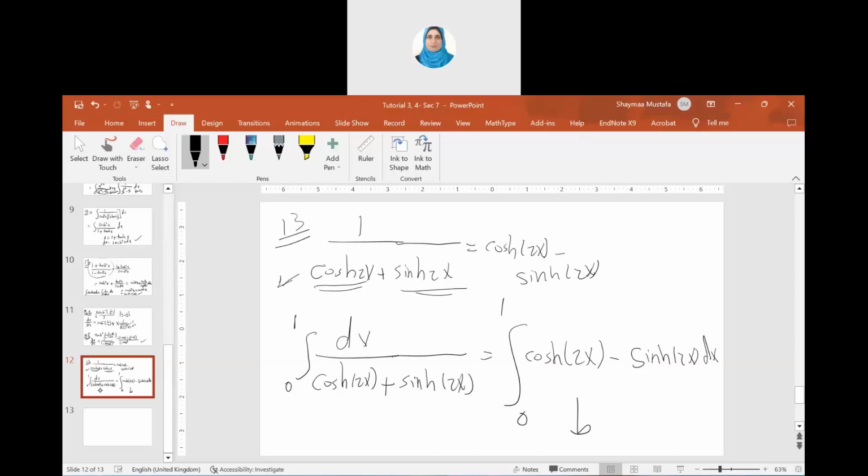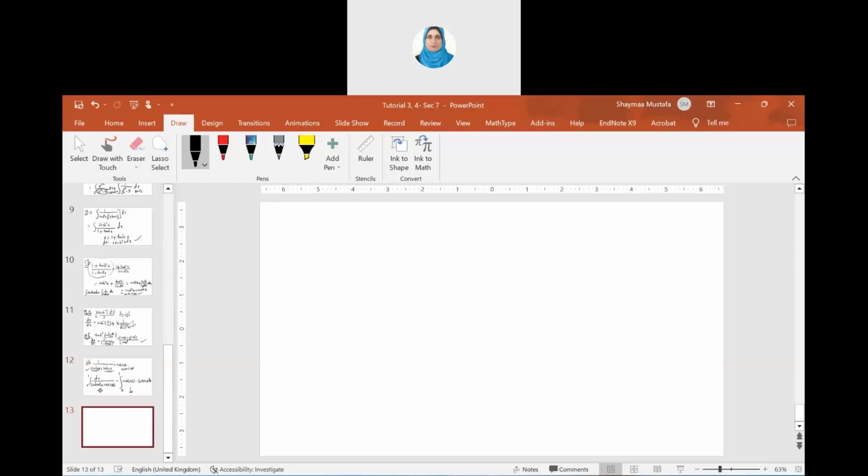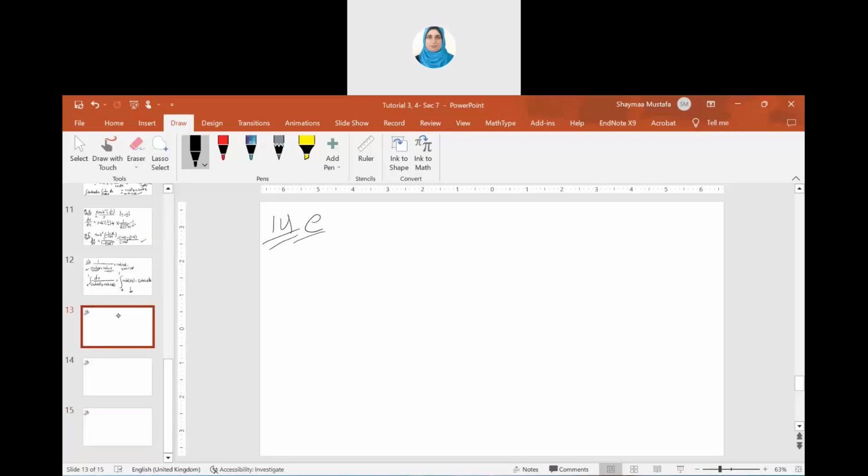14E and 14F: here I will give you the idea because 14E and 14F are the same, so I will solve them in a similar way. 14E: how to integrate sine cube theta d theta?